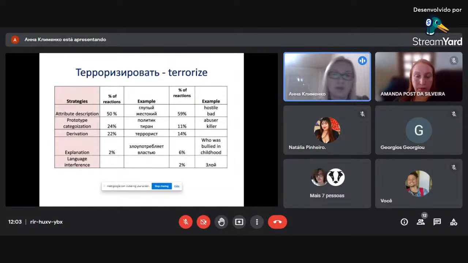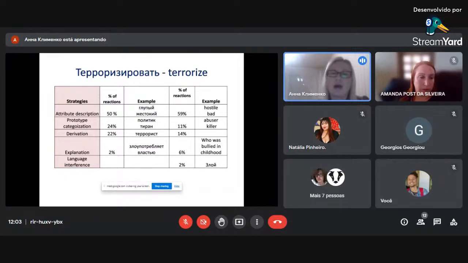In particular, we have the attribute description when respondents provide just an adjective or another type of attribute. And the majority, the percentage is pretty similar. We have the prototype categorization when respondents provide the category of people that could perform this action.